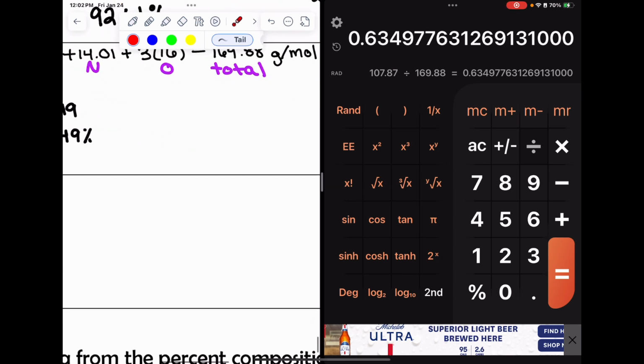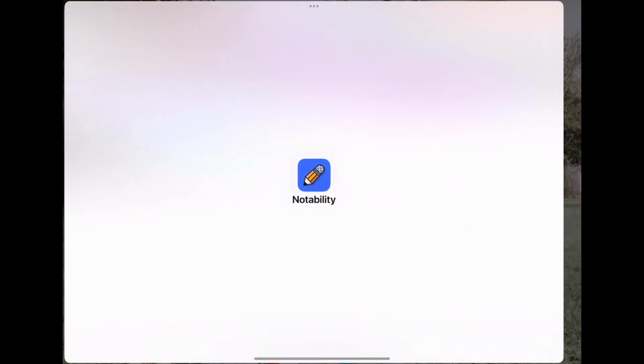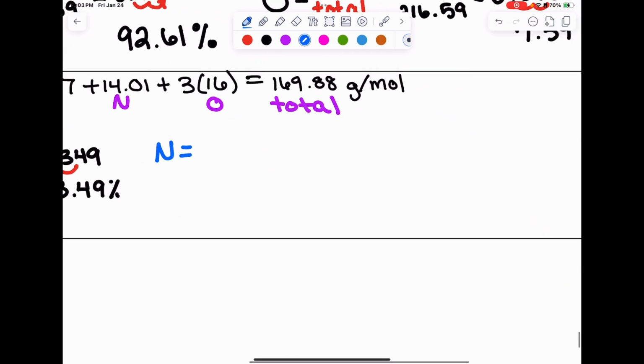So doing for N, nitrogen. Yeah, let's do a different color. It's probably easier for y'all to see it. So nitrogen has a mass of 14.01. And we're going to divide it by the total, 169.88.